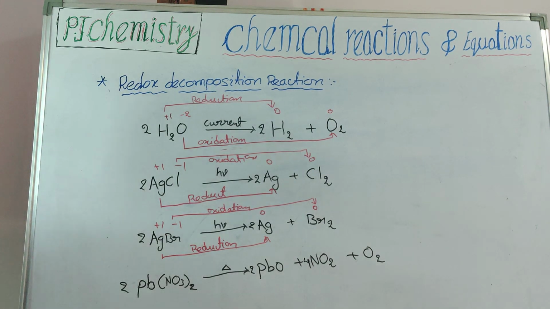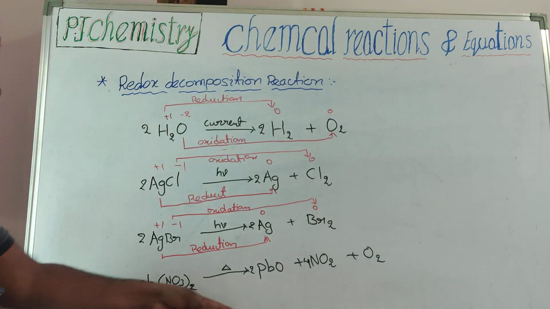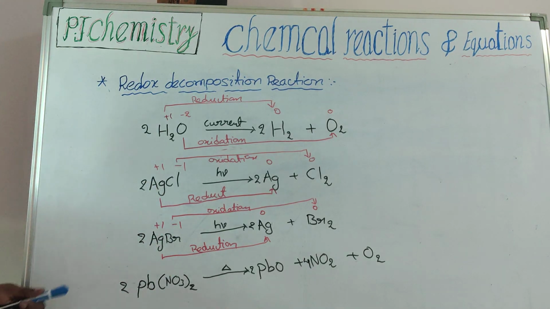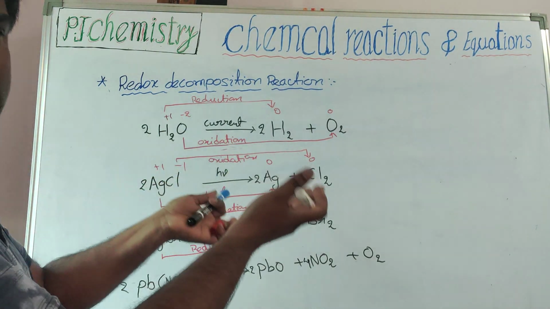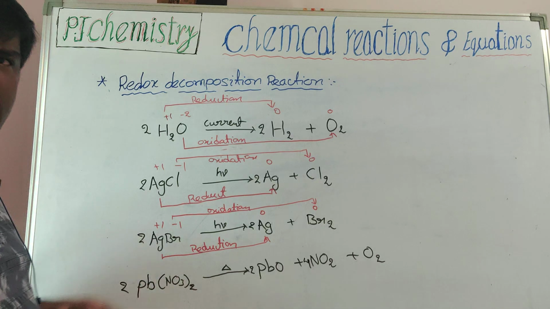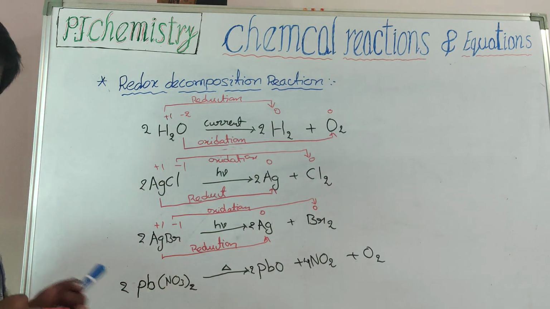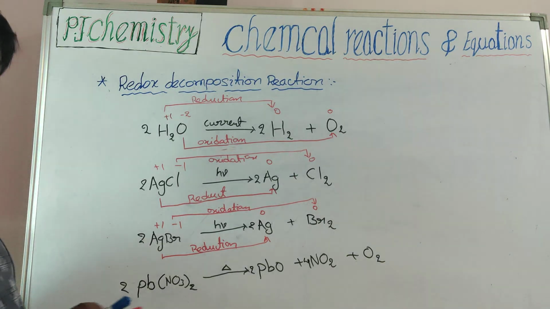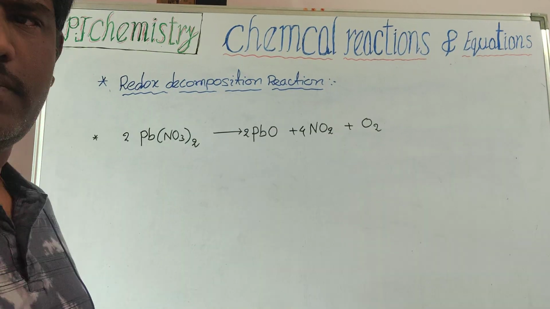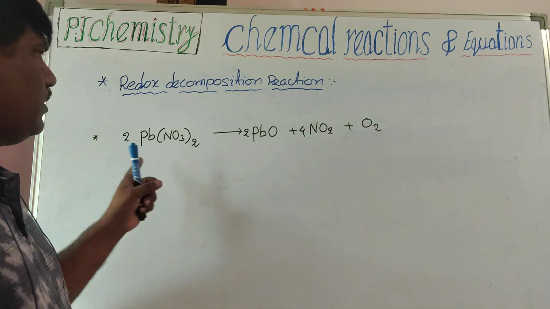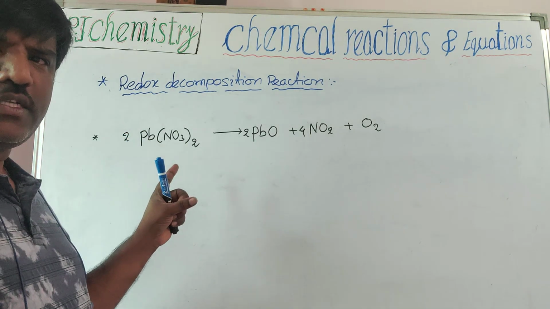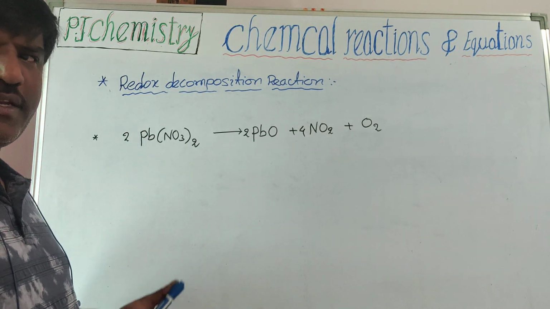Yes, children, understand? Now, what about lead nitrate? The above ones are okay: one side compound, one side elements. We got it easily. What about lead nitrate? How to find out the redox reaction present in lead nitrate?